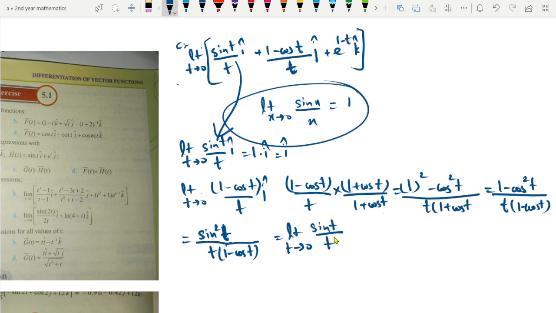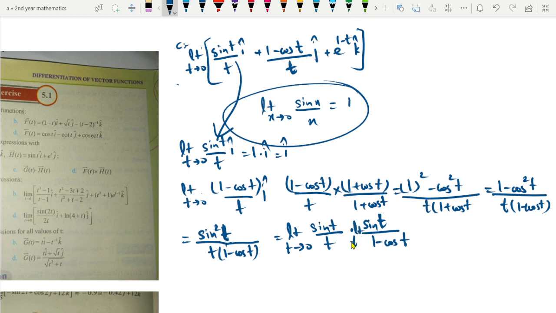So this will become sine of t divided by t and sine of t divided by 1 minus cos of t. So apply limits on both of these.